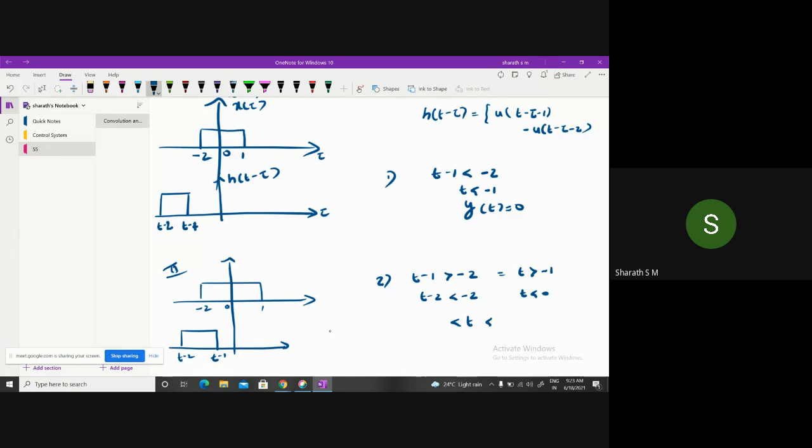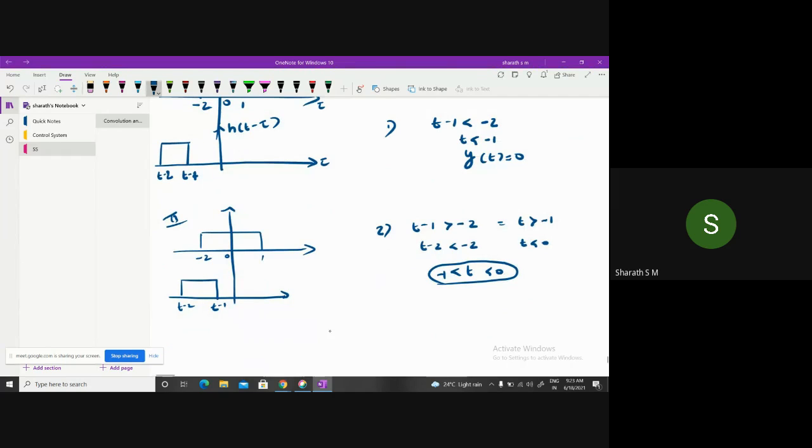That indicates t is between minus 1 and 0. So this is for the second case. What's the limit now? Where does it overlap? From minus 2 to t minus 1. And the amplitude level of this whole signal is 1. So just write down the amplitude level as 1 and integrate with respect to tau.